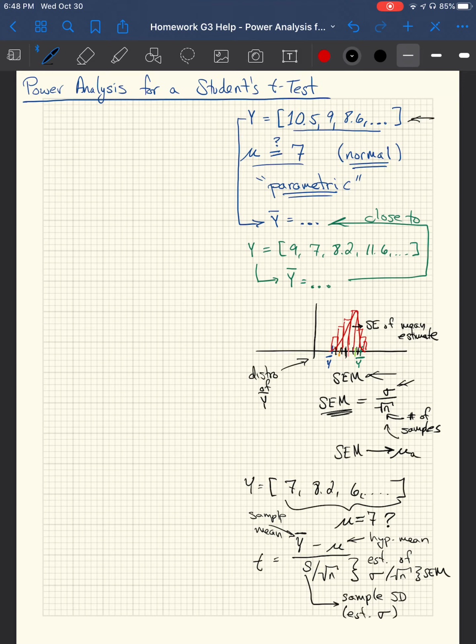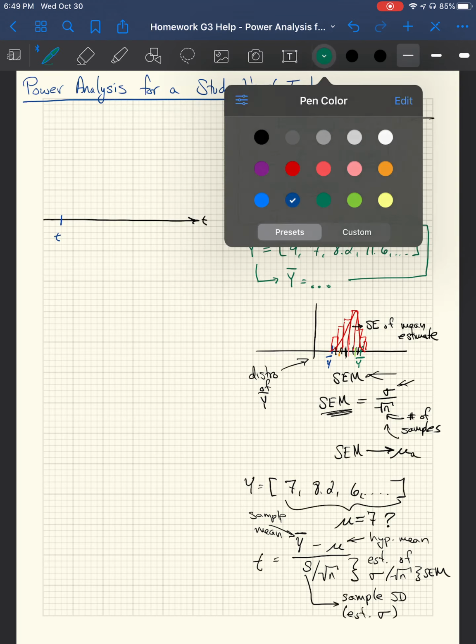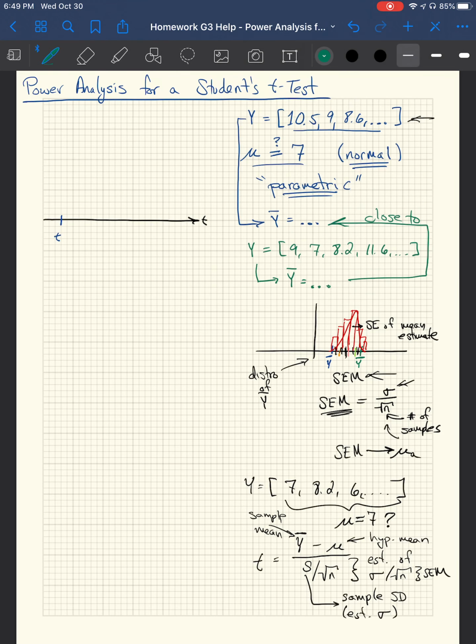So if I were to go up here and then plot the different t-statistic values that might come out of here for different data sets, then for, let's say, this blue y that I started with, it might have come up with a t-value of here. So maybe this is the t-value for that blue one. And then for this green one, it might have had a t-value that's over here.